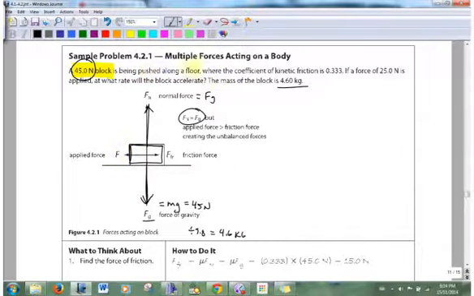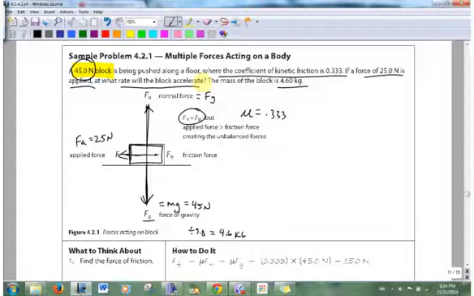So, let's keep reading. The coefficient of friction, that's mu, is 0.333, no units for mu. A force of 25 newtons is applied. They have their applied force going left. Fa is 25 newtons. At what rate will the block accelerate? I want to know the acceleration.